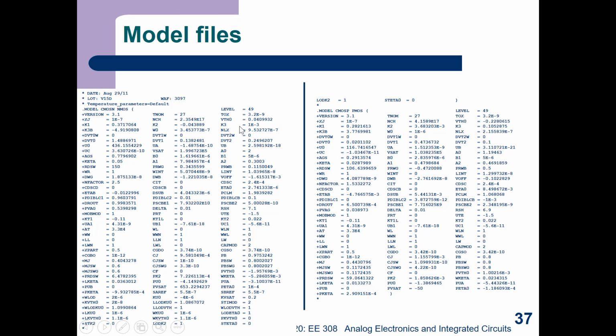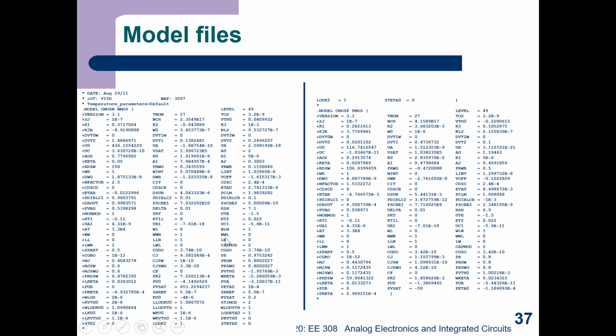If you look at this model, here's version equals, that's not anything important, level equals, then there's TNOM equals, TOX equals, VTHO equals, NCH, is that an H? N channel, makes sense, XJ equals. Everywhere there's an equal sign, they're setting a value.